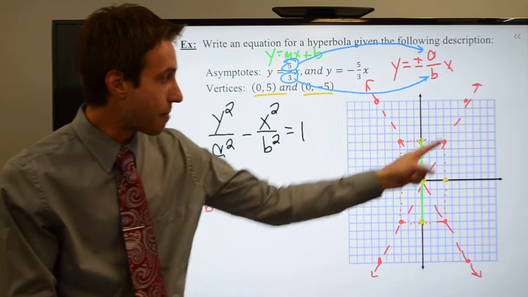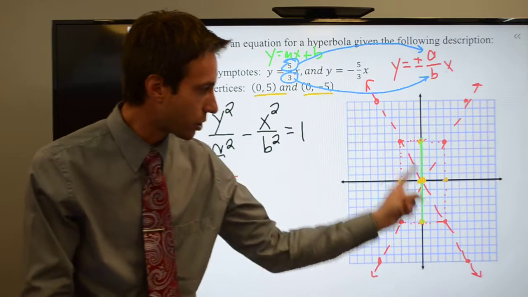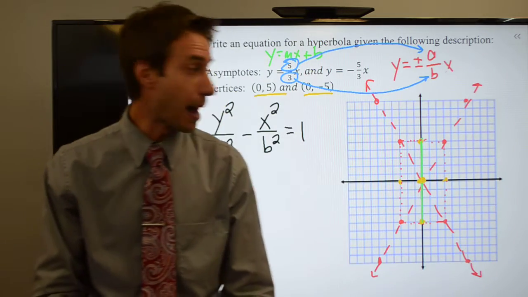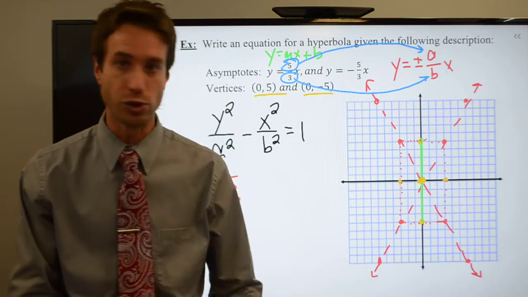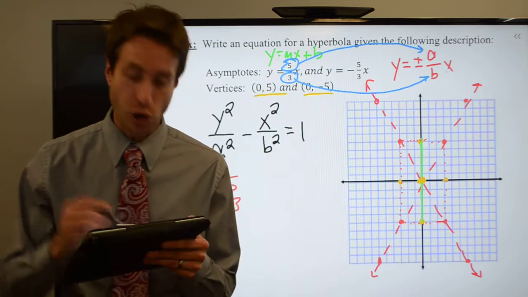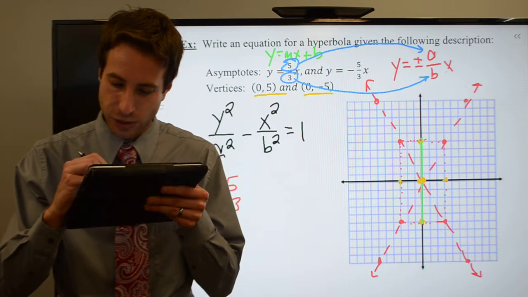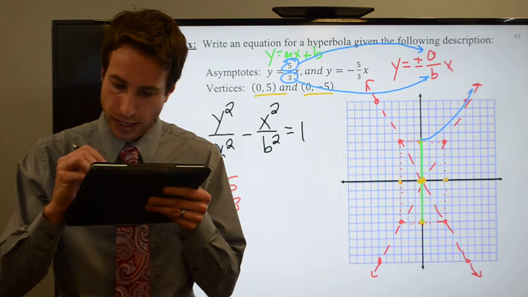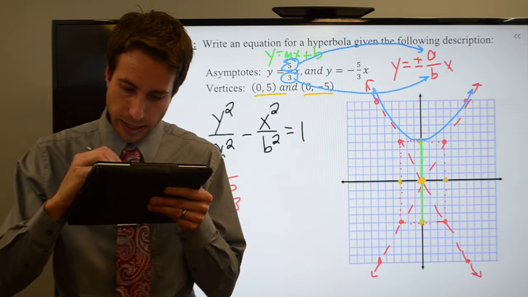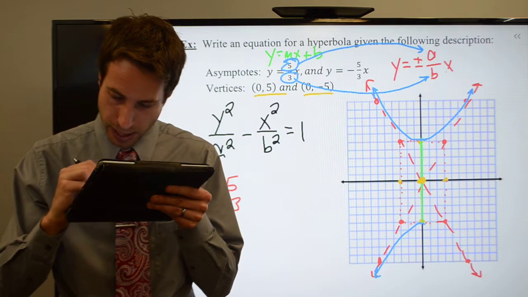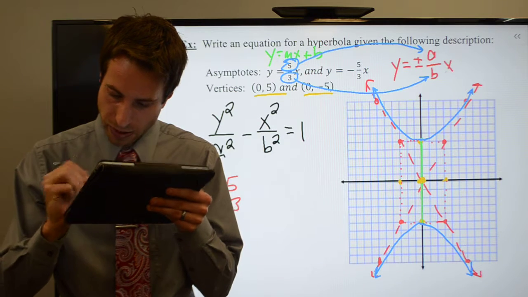Again, please notice that my asymptotes run from corner to corner through my box, that rectangle that I just drew, and your hyperbola must go through the vertice and it can't touch the asymptotes. So that's going to be this guy right here and this guy right down there.